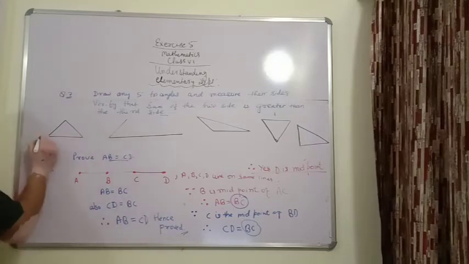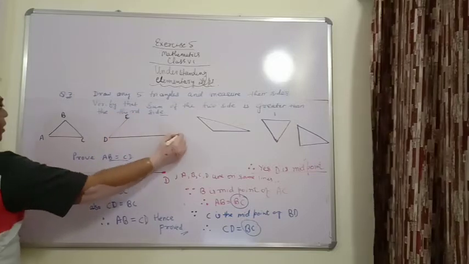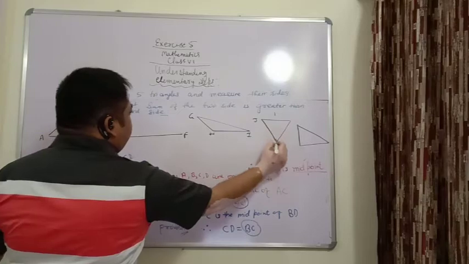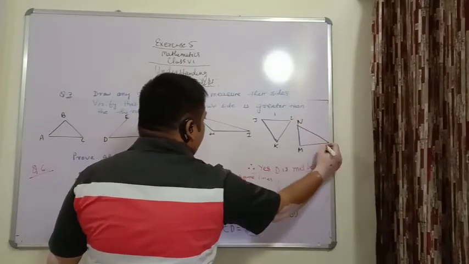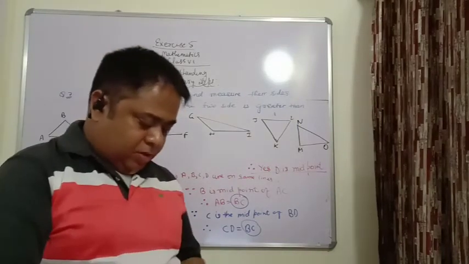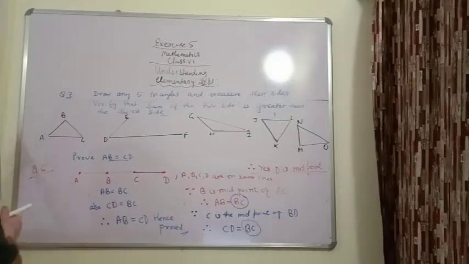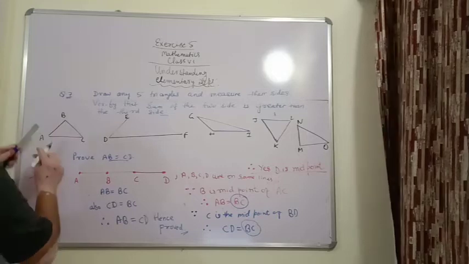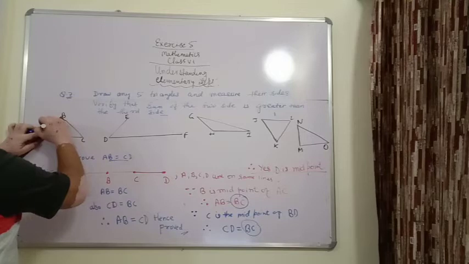Let's name the vertices A, B, C, D, E, F, G, H, I, J, K, L, M, N. Now I will use a scale. So this is 8 centimeter.